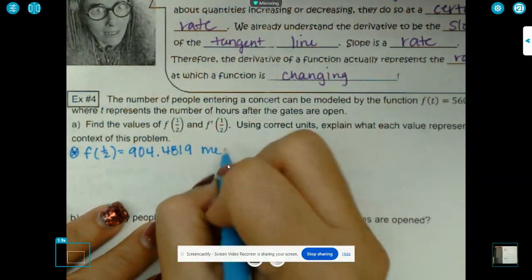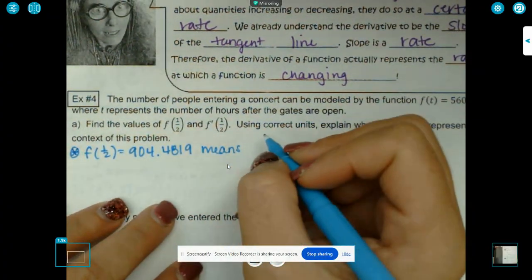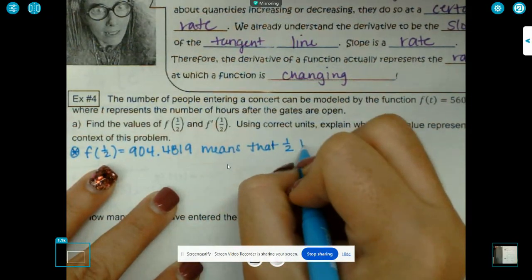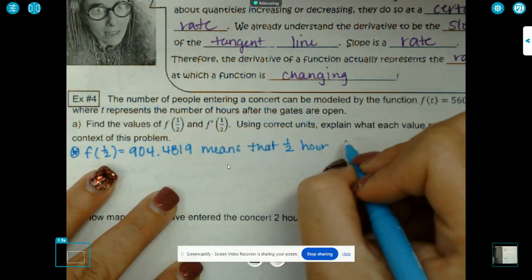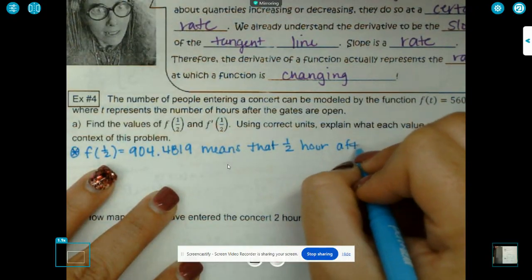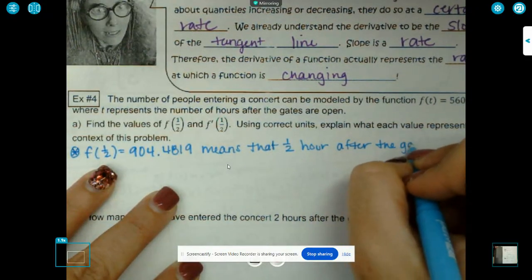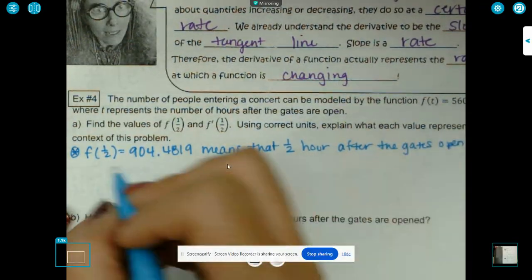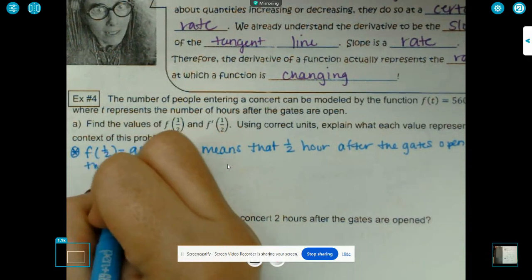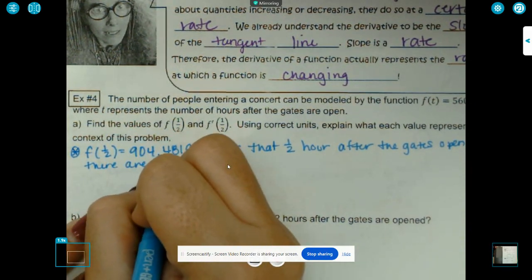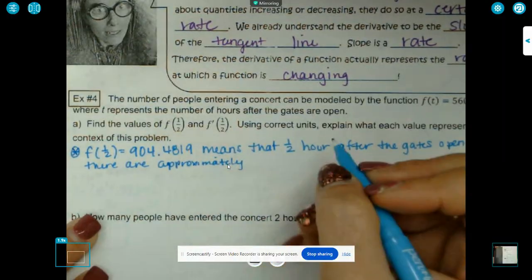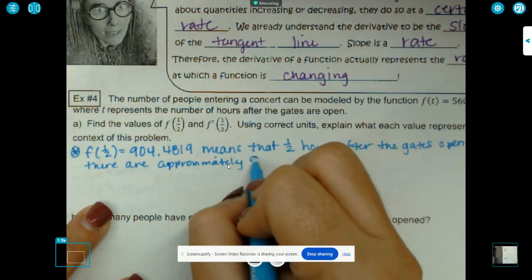All right, that means that half an hour after the gates open, there are approximately 904 people.